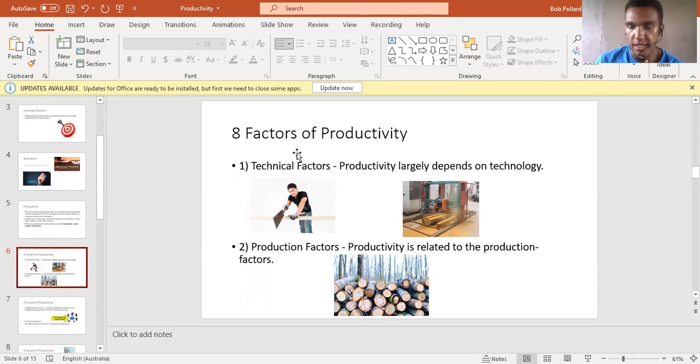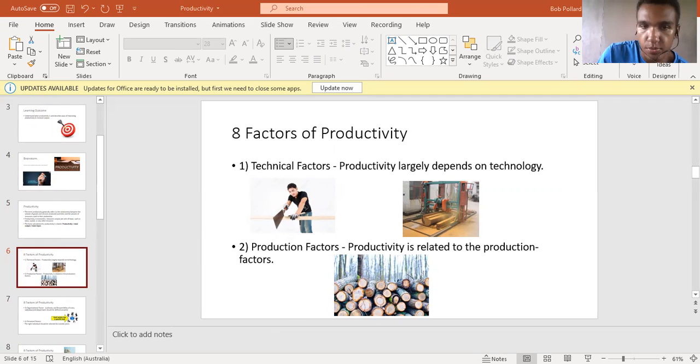Next slide. So basically, there are 8 factors of productivity. So the first one, technical factors. Productivity largely depends on technology. So technical factors are the most important ones.